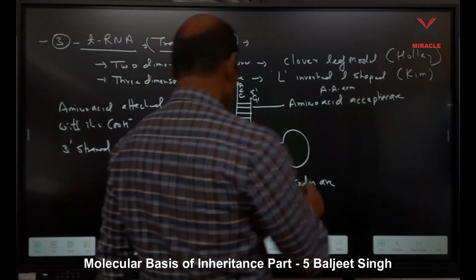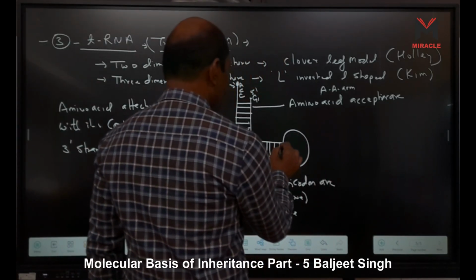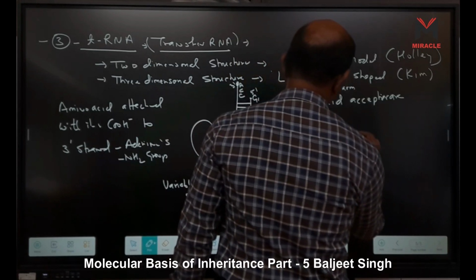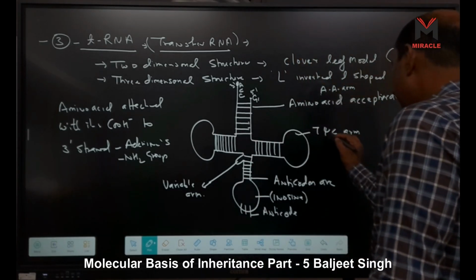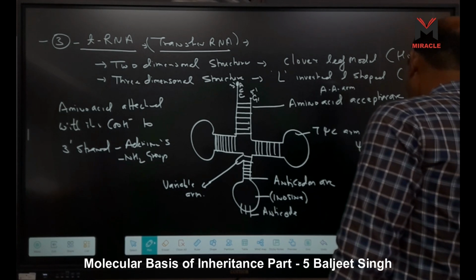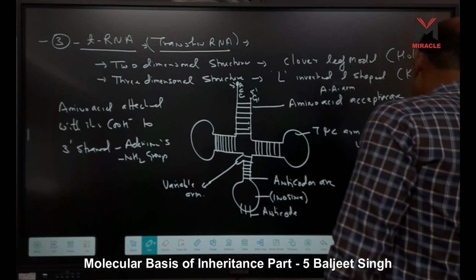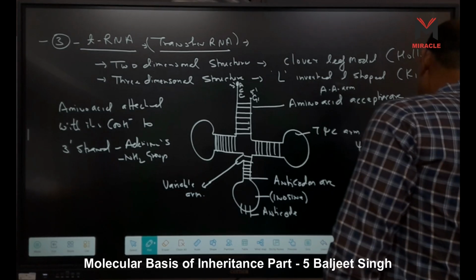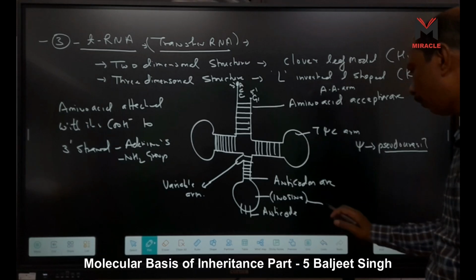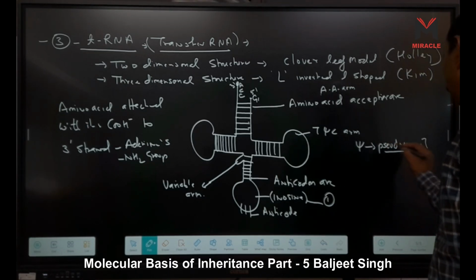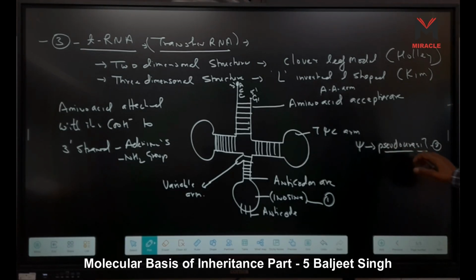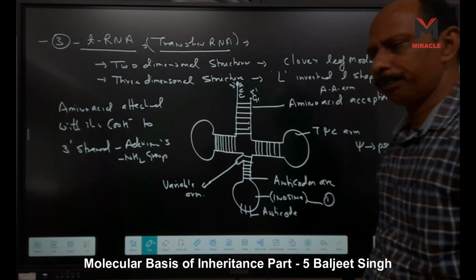This one contains 1, 2, 3, 4, 5, 6, 7, so it is called the T psi C arm. Now you can understand this psi is responsible for pseudouridine. This one is like inosine. This is the first abnormal nucleotide and this one is the second abnormal nucleotide. Due to the presence of pseudouridine, the loop is formed.